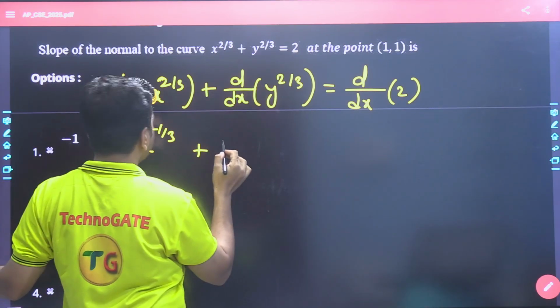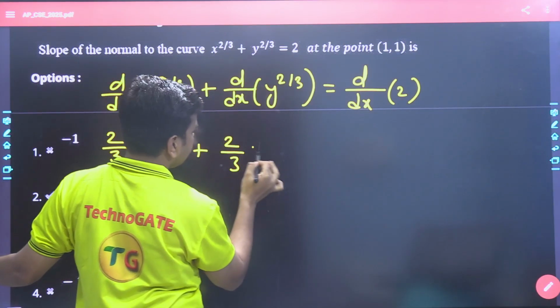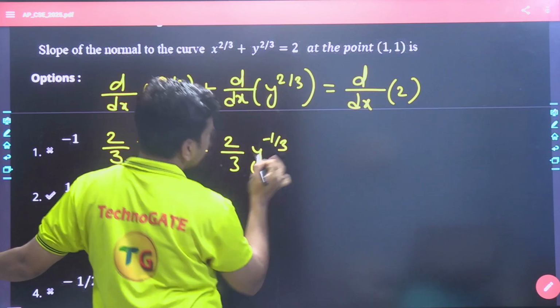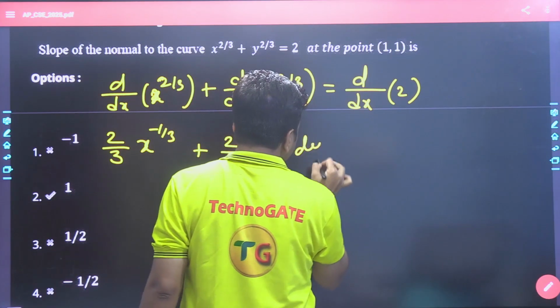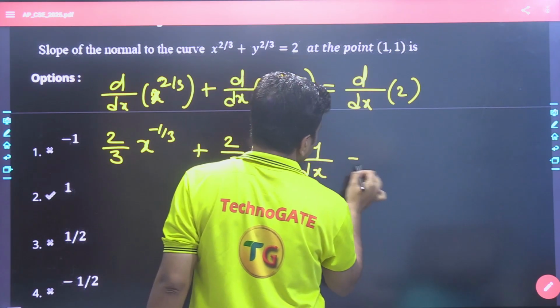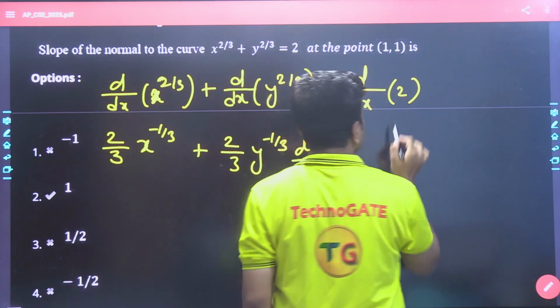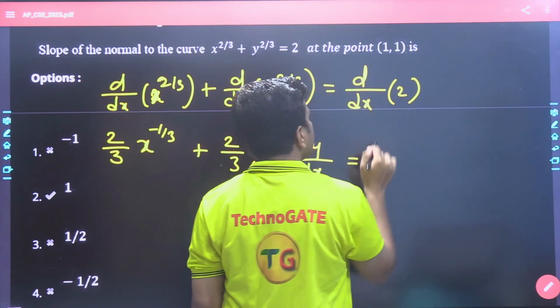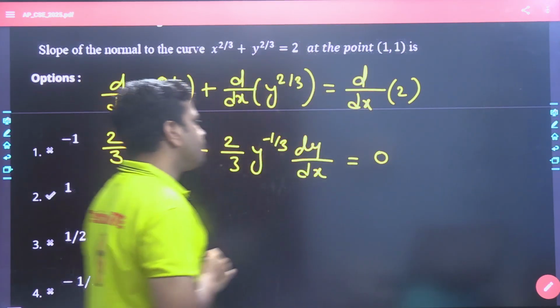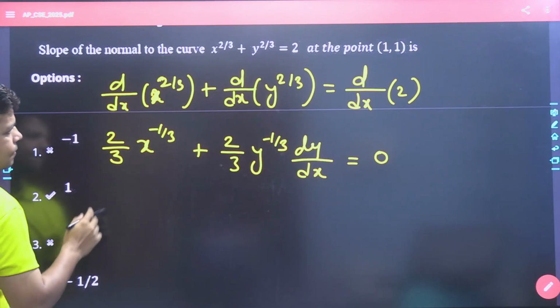And for this, the differentiation of this becomes what? It's 0.